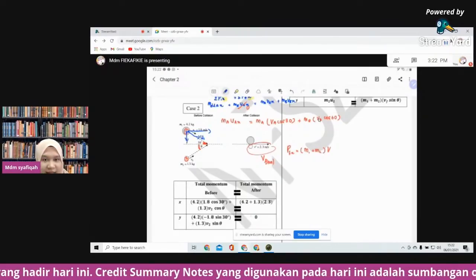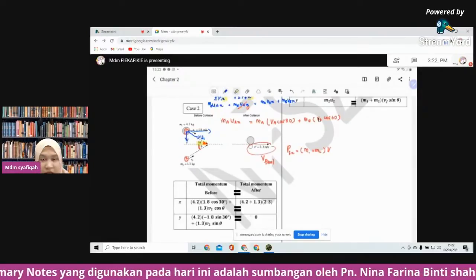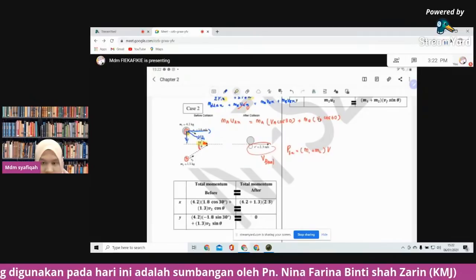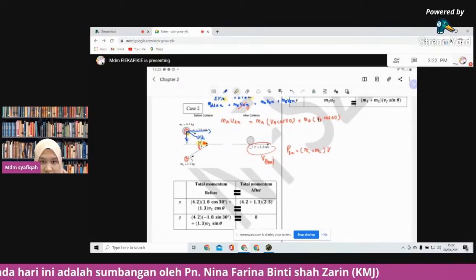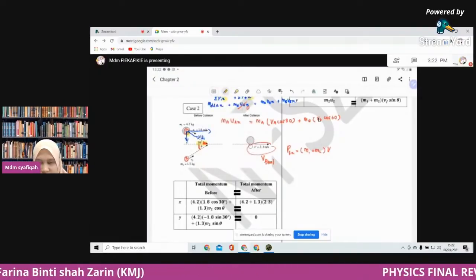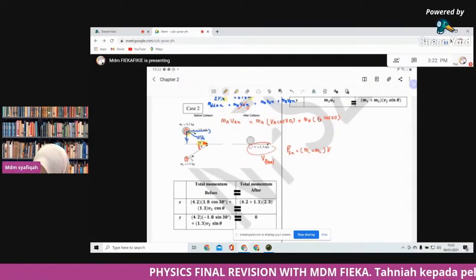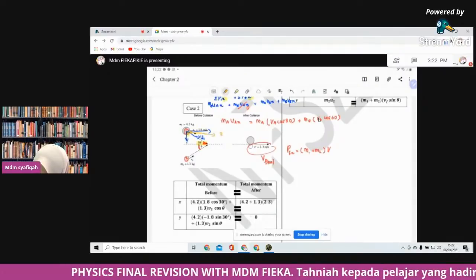So you need to resolve. Hati-hati bila resolve, tengok pada angle yang diberi. So here is 30 degree, but angle here not 30 degree. Situ berapa? 60. Ini yang selalu, kalau awak rasa masih confused, tolong check betul-betul. Bila jawab, check. Hati-hati, jangan careless. So kalau sini 30 degree, angle here also 30 degree.